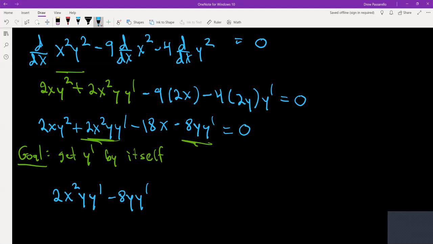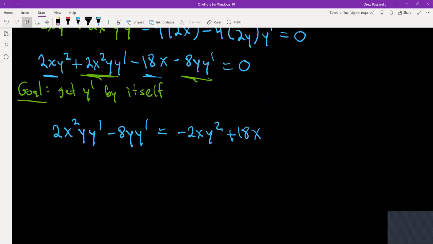And so for the other two terms, you would bring them over to the right side. For the 2xy squared, I would subtract 2xy squared from both sides in order to get rid of it. So it's going to be equal to negative 2xy squared. And then the negative 18x, you would add 18x to both sides. So I would plus 18x.